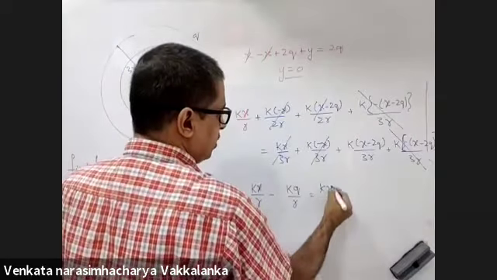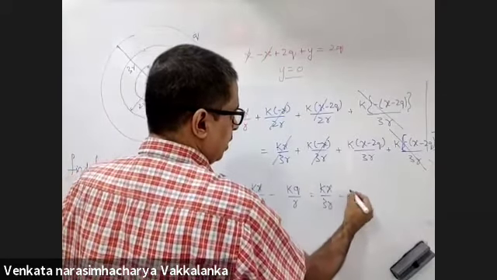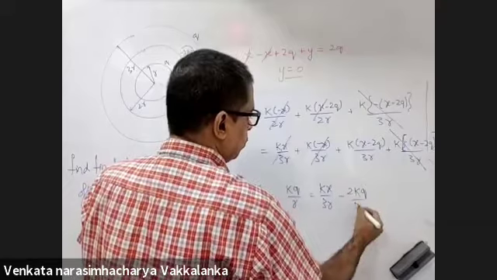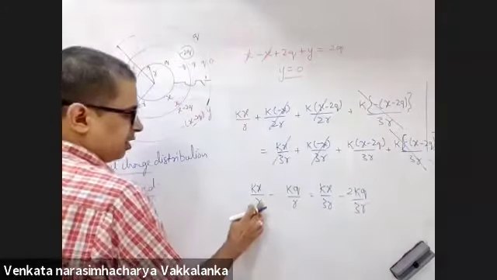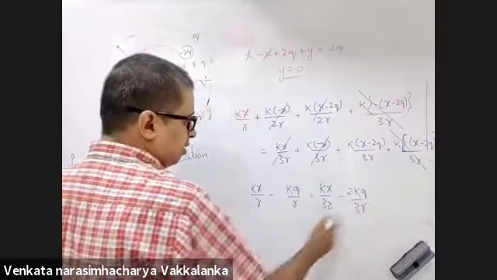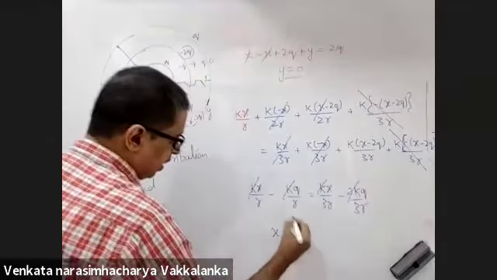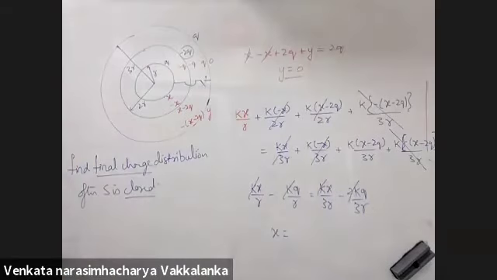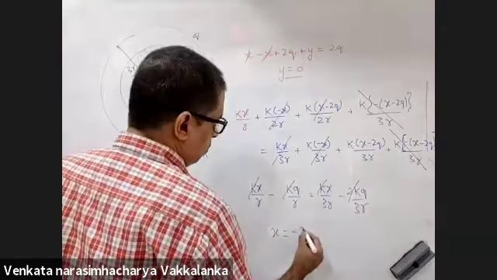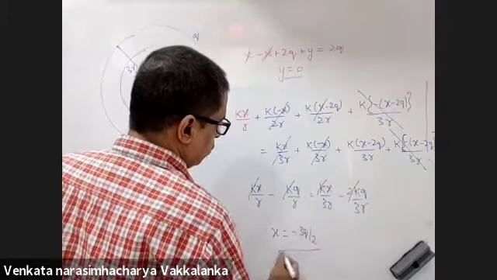The right side is kX by 3R minus 2kQ by 3R. Bring the X expression to the left, take this to the right, cancel out k, tell me the value of X. Minus 3Q by 2. Minus 3Q by 2.